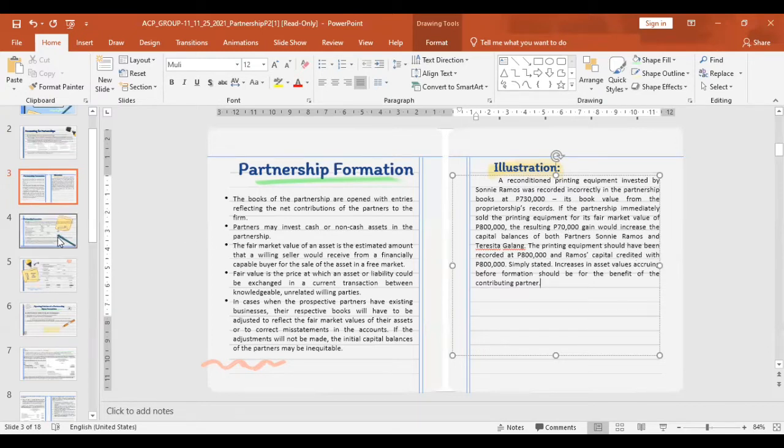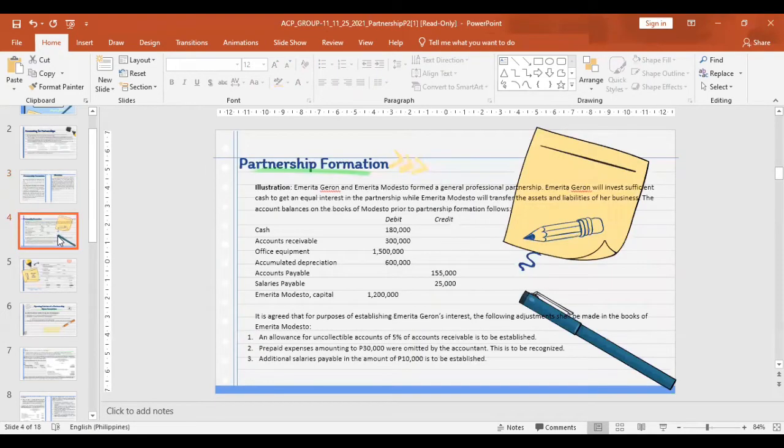Ayan. So, next tayo. So, illustration. Emerita Gueron and Emerita Modesto form a general professional partnership. Emerita Gueron will invest sufficient cash to get an equal interest in the partnership while Emerita Modesto will transfer the assets and liabilities of her business. The account balances on the books of Modesto prior to partnership formation follow.